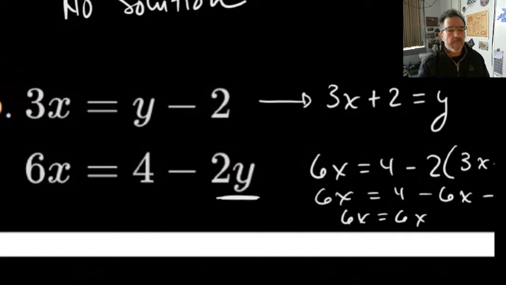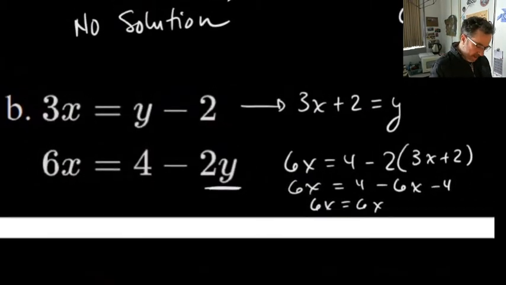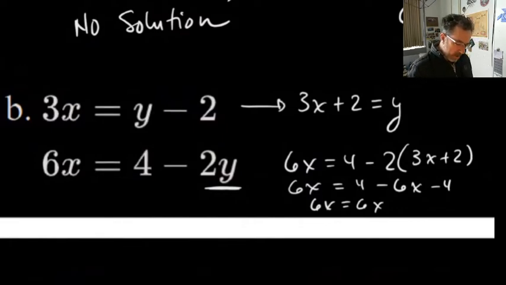First equation, I intended to get y alone by adding 2 to both sides. I think I did that successfully, okay? And then in the second equation, I had 6 times x equals 4 minus 2 times the quantity of 3x plus 2.